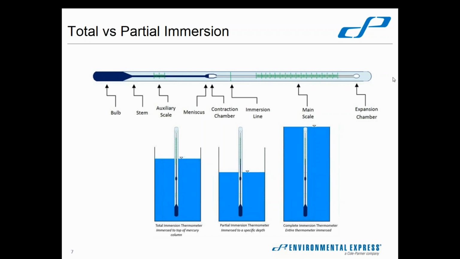You are supposed to immerse the thermometer to that immersion line in the liquid that you are taking the temperature of, or maybe solid if you've got, you know, grains of sand or something along those lines. But you're supposed to immerse the thermometer just to that line.